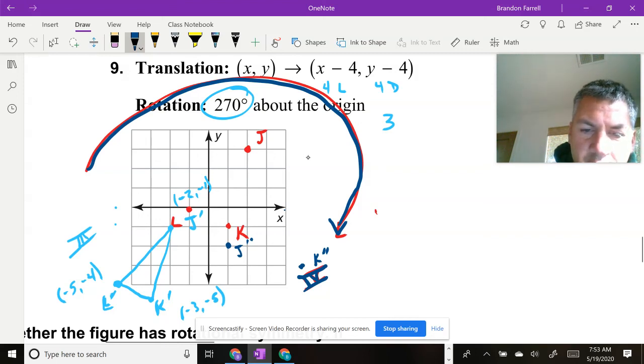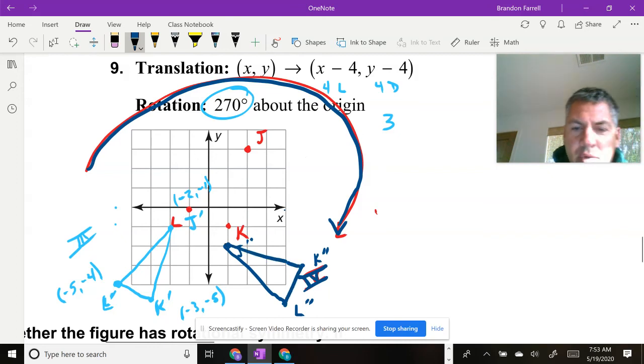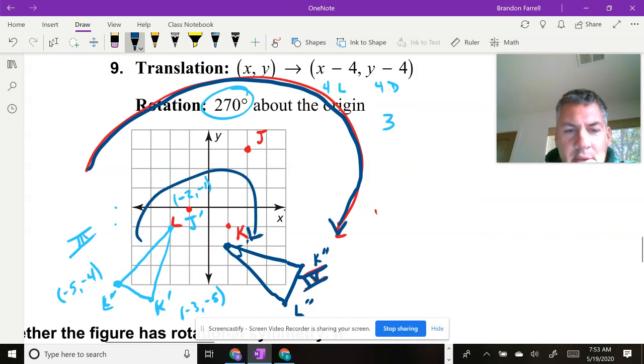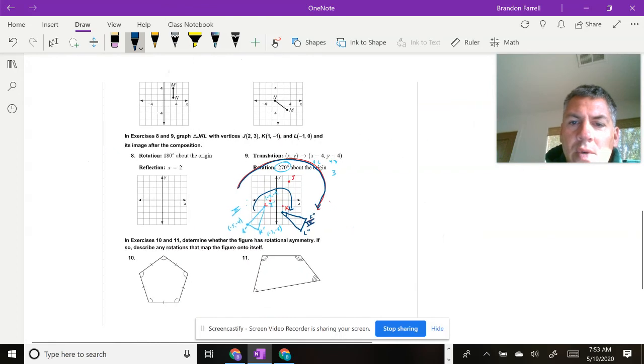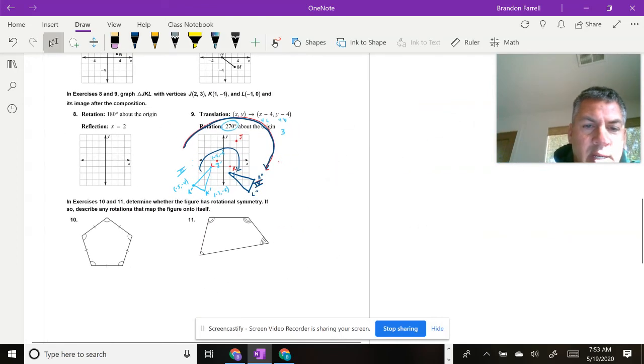So 4, -5 is going to be right there. That's going to be L double prime. So my rotation is going to be based off of those coordinates. So this rotates into that. Okay. So you can see kind of how that works.